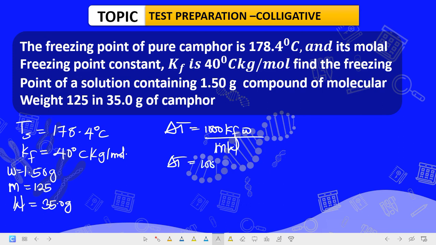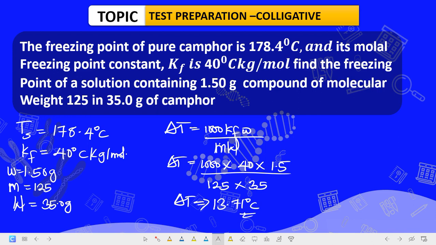Change in T is equal to 1000 times Kf, which is 40, times small w, which is 1.5, divided by small m, which is 125, times big W, which is 35 gram. When you punch this in your calculator, our change in T is 13.71 degrees Celsius.